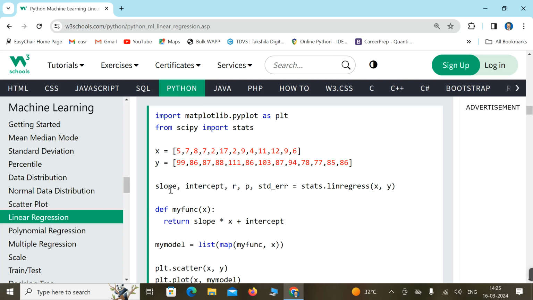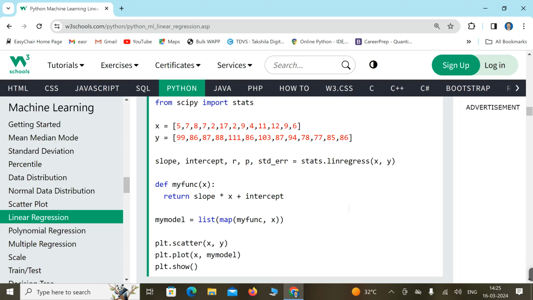Because it is satisfying linear regression, we need to mention the slope, intercept, R, P and standard error. The previous example I've already mentioned. The formula I've given, slope, intercept, r, p, std_err is equal to stats.linregress of x comma y.